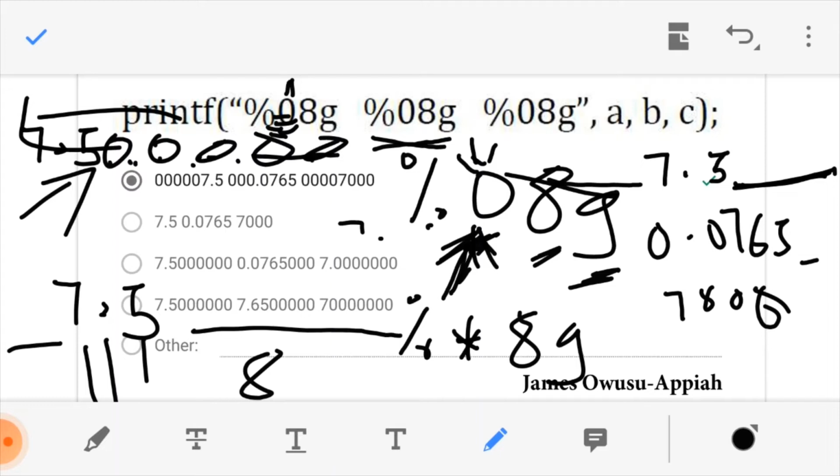Now when we are done with this, let us look at the following variable initializations. So we realize that A was 7.5 and here 7.5 is just 3 characters. So 7.5 would therefore be 0 0 0 0 7.5, which is this. We can just read this.